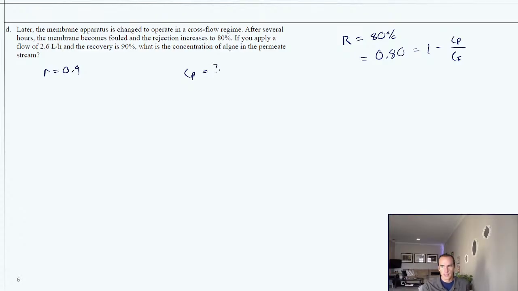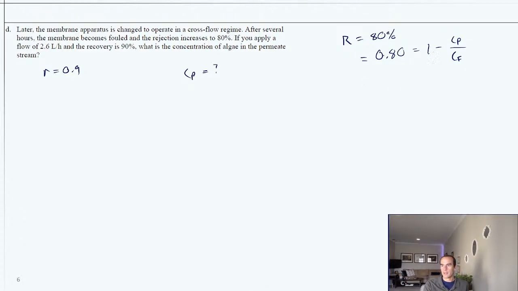That's our task. And if we take a look from the information given, you could pause and consider what R means in terms of the flows. But actually, what I already wrote gives us a way to solve for Cp, and we happen to know Cf already, so it actually becomes just that simple.